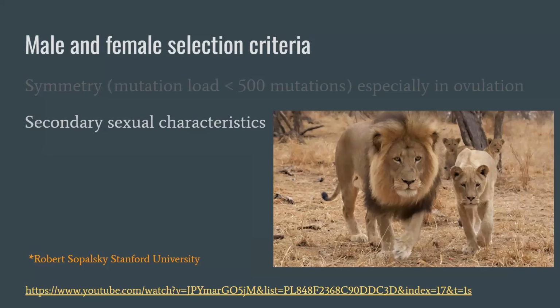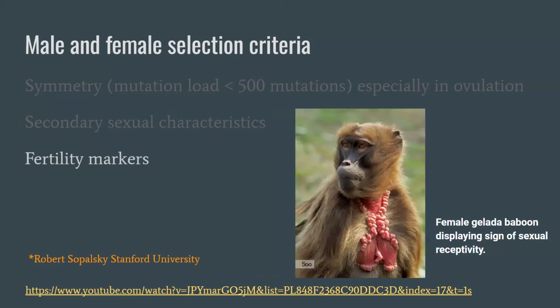We all select for secondary sexual characteristics. The reason there are secondary sexual characteristics is because we select for them. And because we select for them and we're right in our selection, they get passed on. If we're wrong in our selection criteria, they don't. Males and females both look for selection markers, fertility markers.